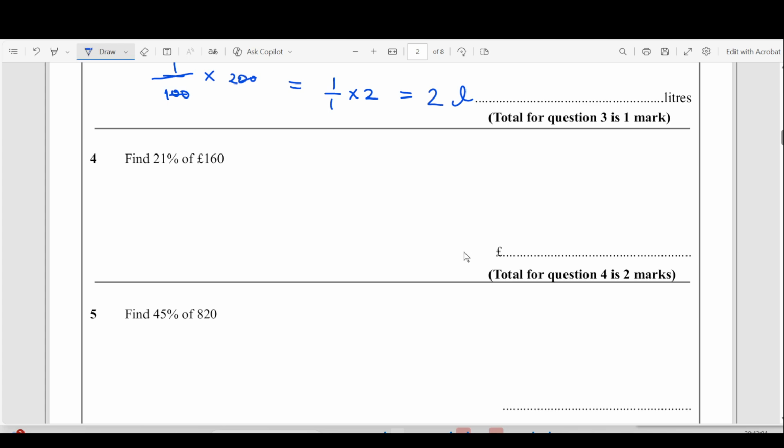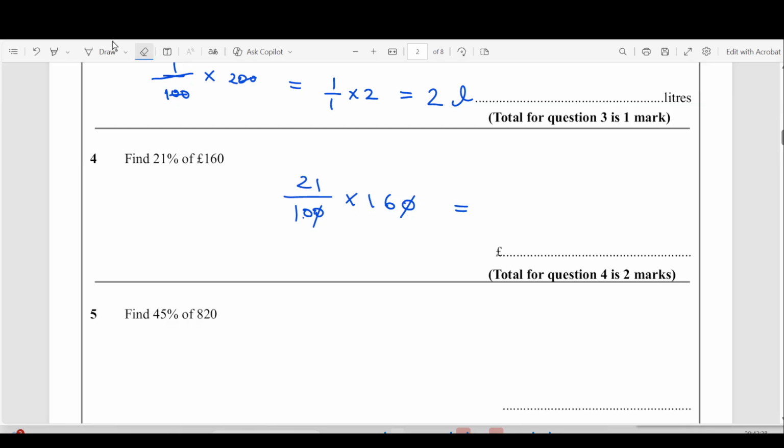21%, 21 over 100 times 160. Cancel out the zeros. 10 we can cancel with 160, right? So we get 21 over 10 times 16. 21 divided by 10 is 2 remainder 1.